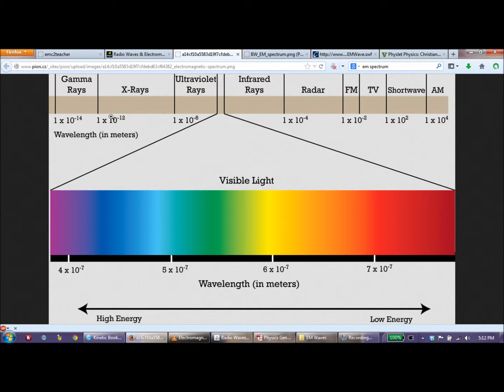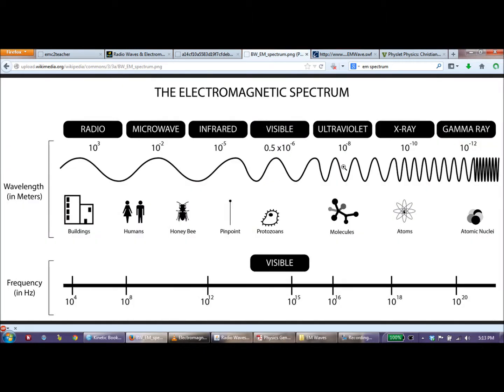I like this chart because it shows more realistically how the spectrum is broken up. But the second chart here, while it's not as colorful, I think gives a little more insight into why we use certain electromagnetic waves for certain tasks.